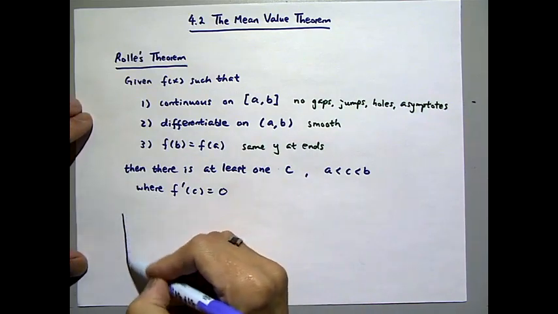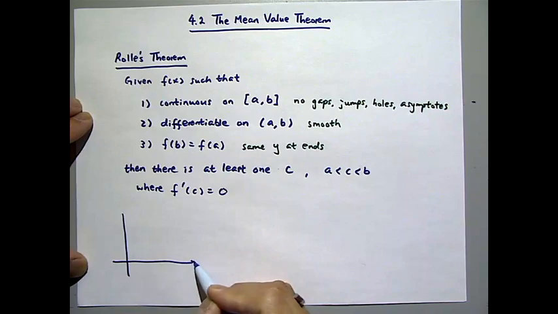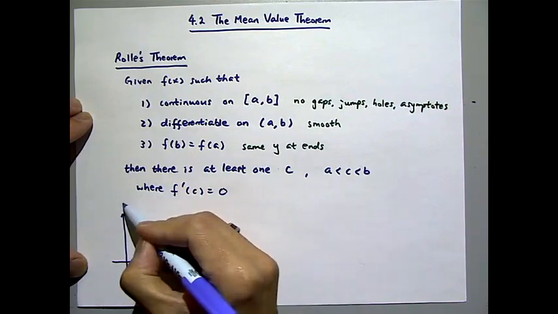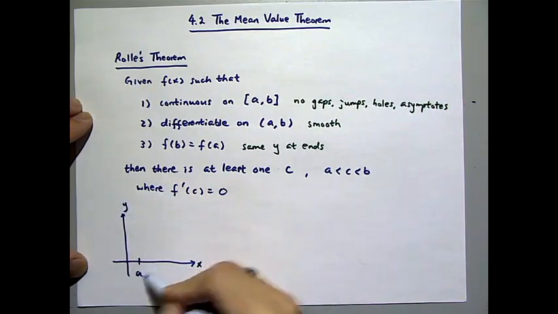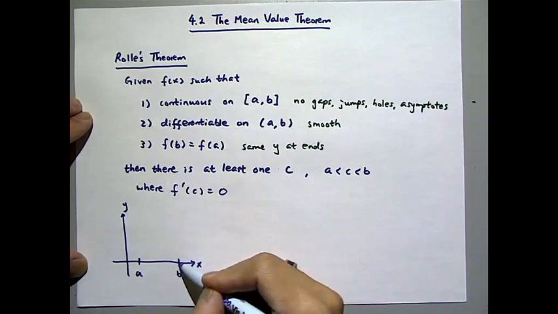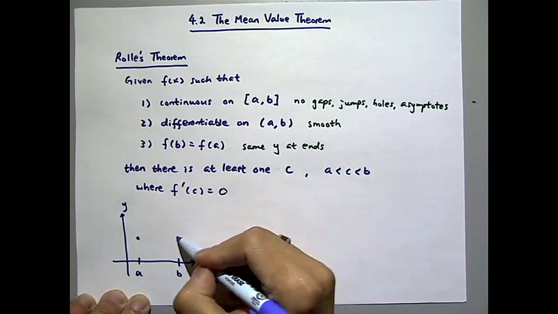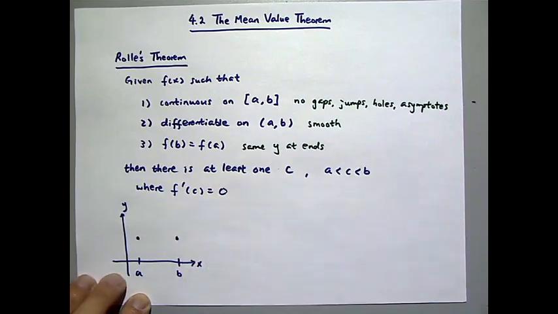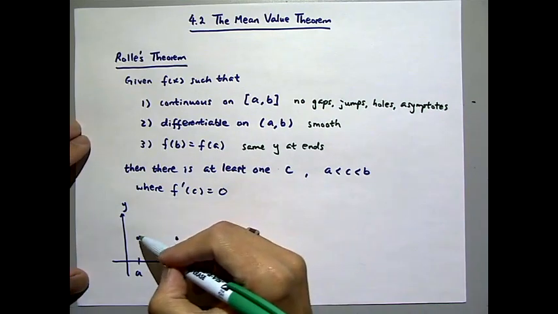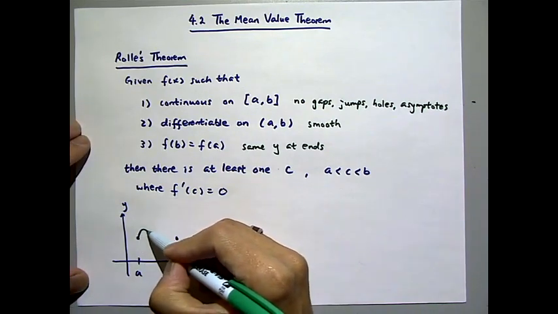Let me show you a few possible graphs. We'll make a and b whatever we want them to be. Just leave them as a and b. Give them the same y value. Whatever graph you want this to be, it has to be continuous and smooth. So how about that?